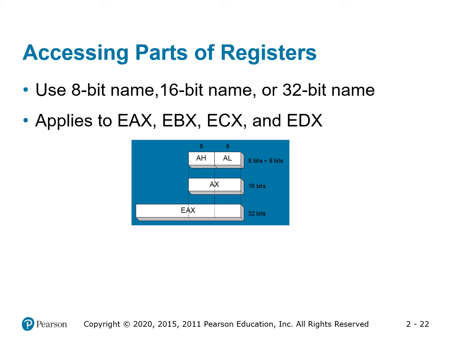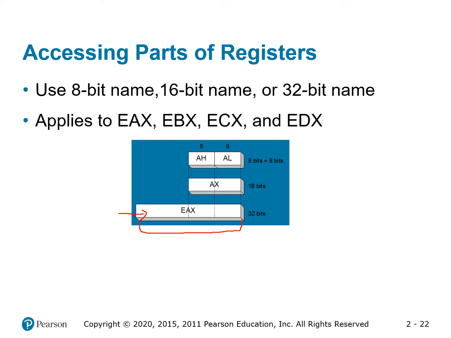Okay, when we look at this slide, we're looking at just one of the general purpose registers. The one that we're looking at is the EAX register. This EAX register, like we said, is a 32-bit register. So from here to here, we have 32 bits available to us.